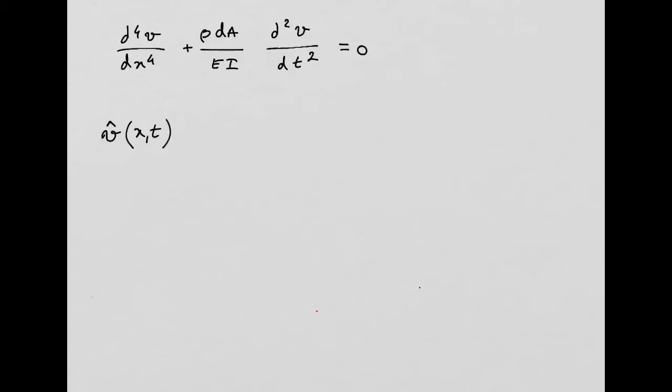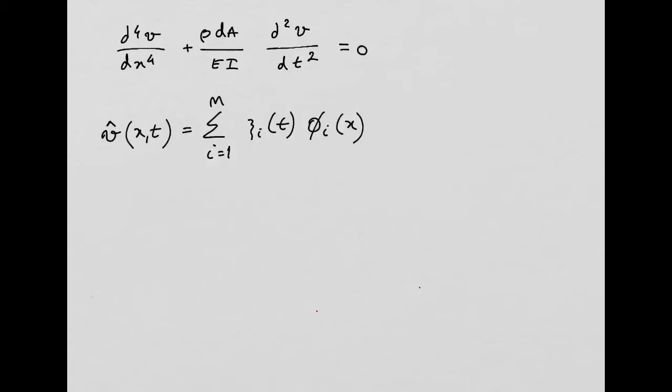We are going to build an approximation in this form, a summation from i equal to 1 up to n. N is the number of terms you are going to have in this summation. And we are going to decouple again into a function that depends only on time and a function that depends only on the spatial coordinate x of the beam. Like we did last week, remember we did the analytical solution for a pinned beam.